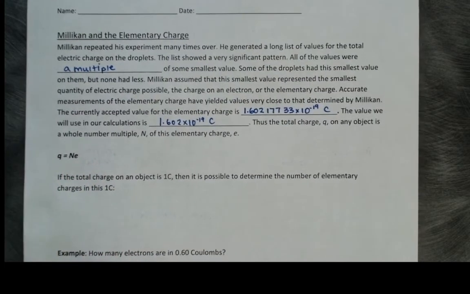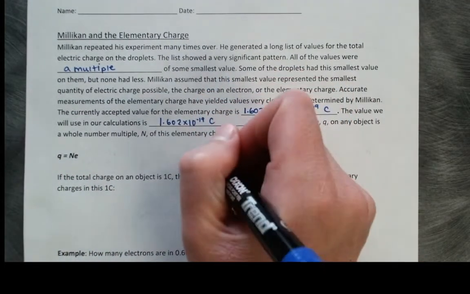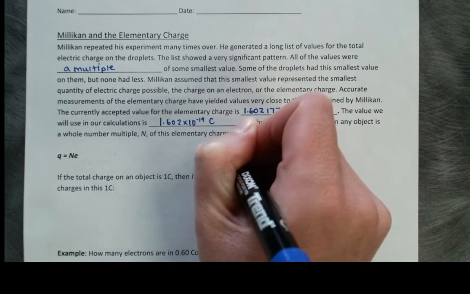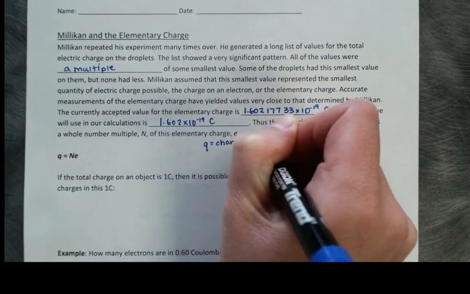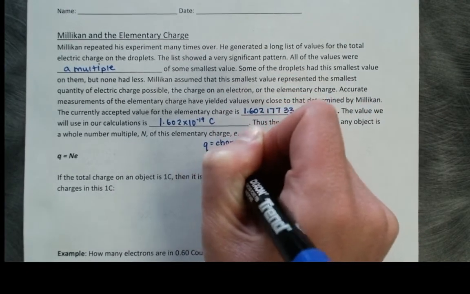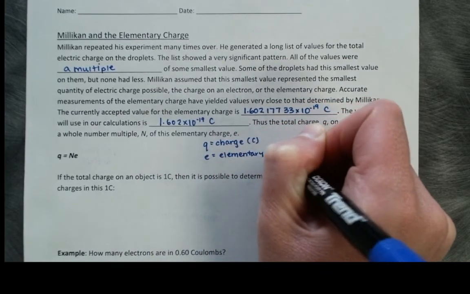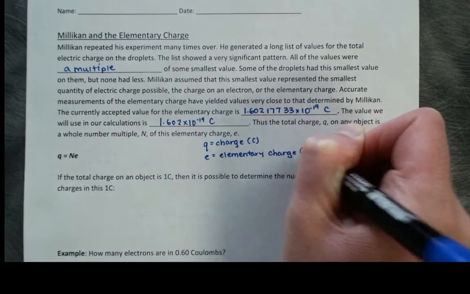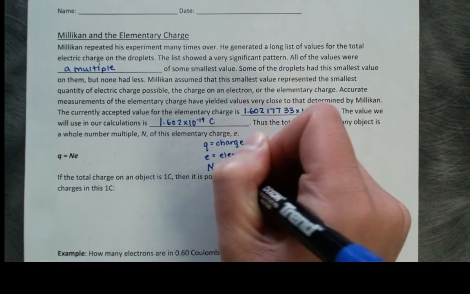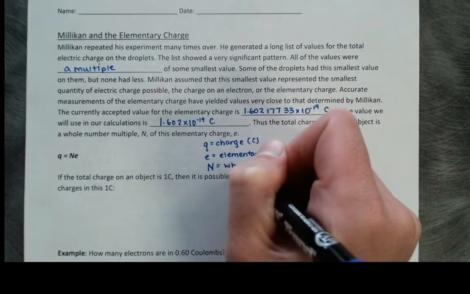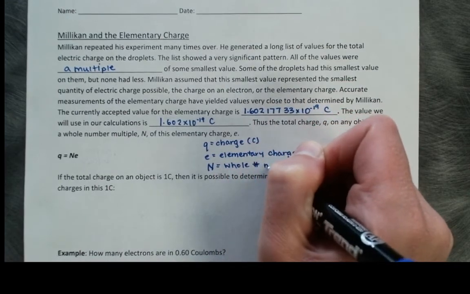Okay, so Q is the charge in coulombs, E is the elementary charge in coulombs, and then N is just the whole number multiple, no units.